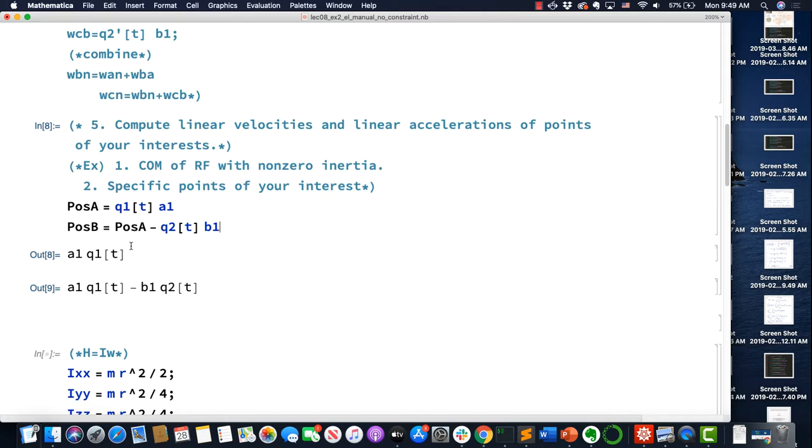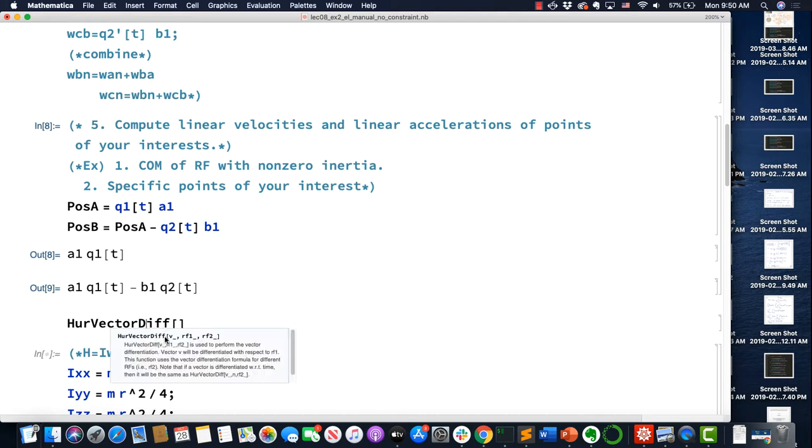Well, you don't have to convert it, but you can use a vector differentiation formula like this one. But then here, to use this one, you have to define angular velocity. Well, but in this case, since we don't have an angular velocity defined, we can just simply add that.